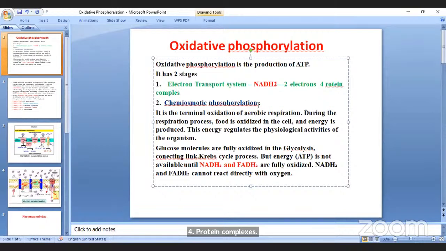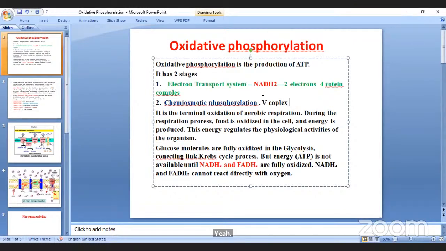And chemiosmotic phosphorylation is carried out by the last complex, that is the fifth complex. Clear? So remember, in oxidative phosphorylation there are 2 stages.